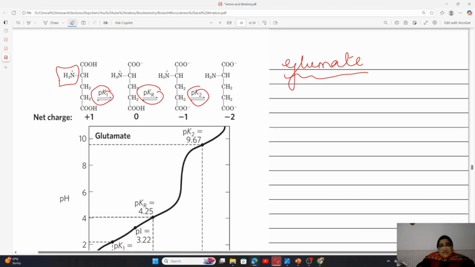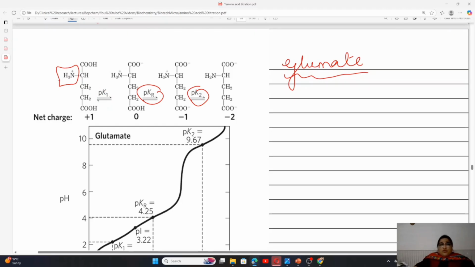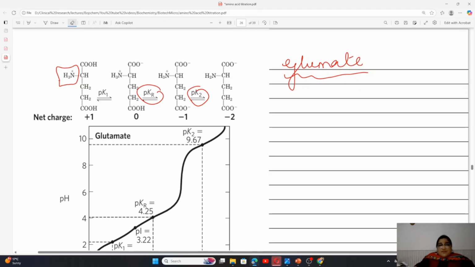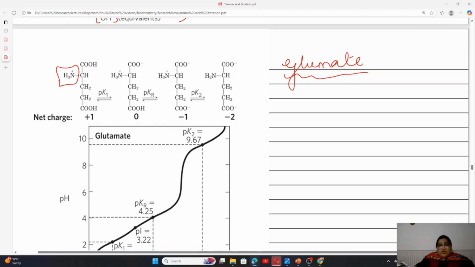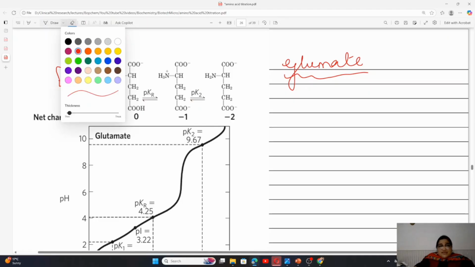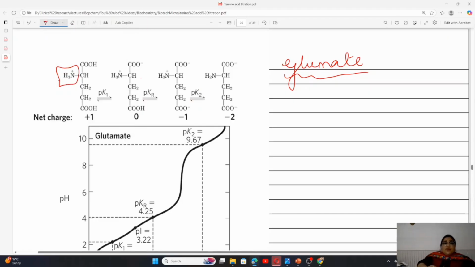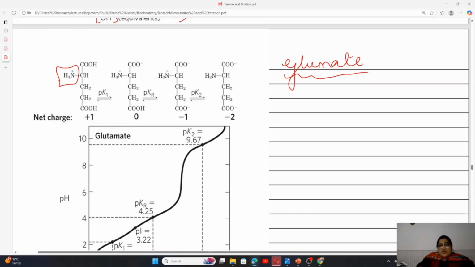And when there is a positive charge on the amino group and we increase the pH, that means we are increasing the concentration of OH negative ions. Then what happens? There will be deprotonation.